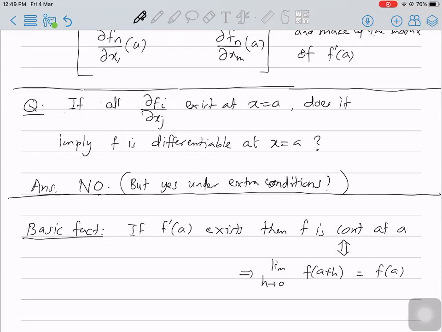But this is really the same thing as saying the limit as h approaches 0 of f of a plus h minus f of a is equal to 0. But that vector going to 0 is the same thing as its norm going to 0. So this is a simple enough thing.